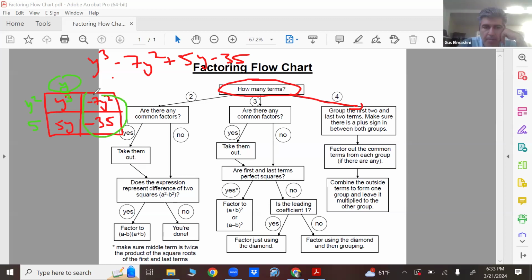What's common? There's negative 7, negative 35. Negative 5? 5's not a factor of 7. Oh, it's 7. Okay, it's 7. Okay, what you really need to do, I don't want to spoon feed you, but I think what you need to do is just write the factors.